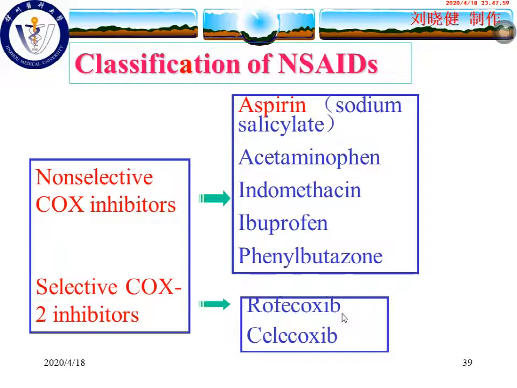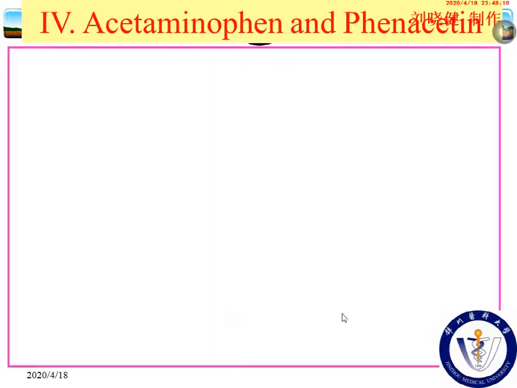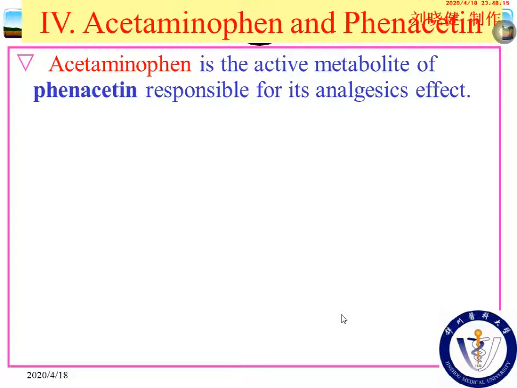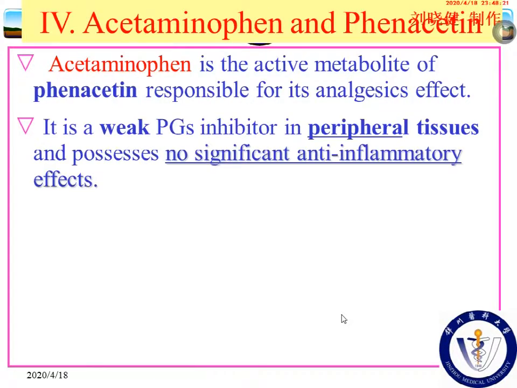Non-steroidal anti-inflammatory drugs include many agents with different chemical structure. Acetaminophen and phenacetin. Acetaminophen is the active metabolite of phenacetin, responsible for its analgesic effect. It is a weak prostaglandin inhibitor in peripheral tissues and possesses no significant anti-inflammatory effects.